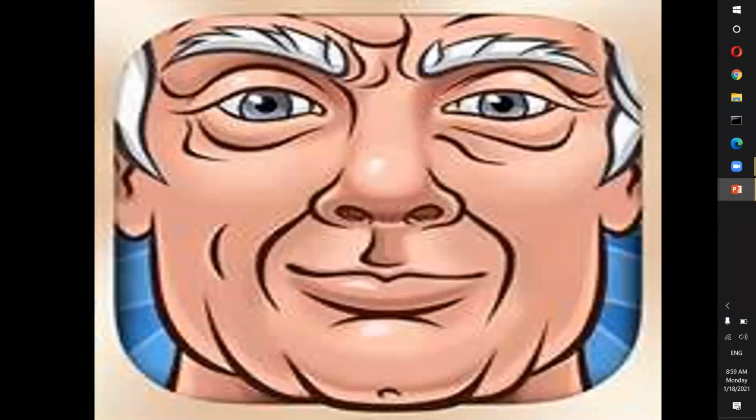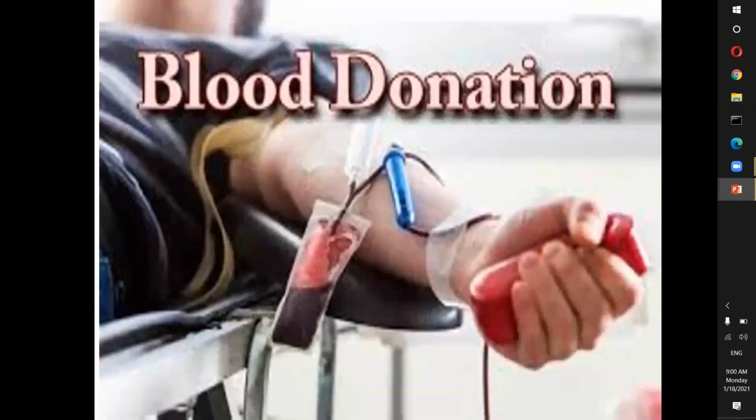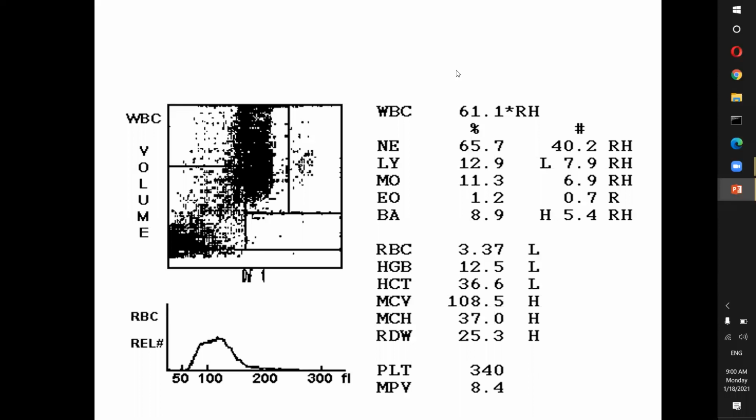This is presented here as an elderly man to an emergency situation, otherwise he is healthy. During investigation, this patient was found to have a very high white BC count, normal is 11,000, he has 61,000.